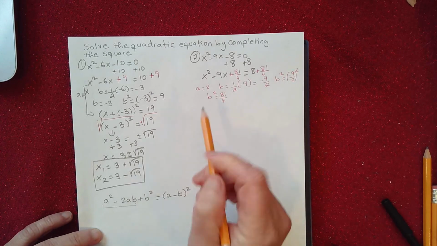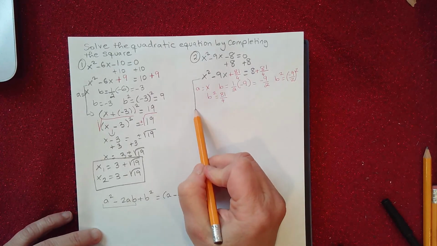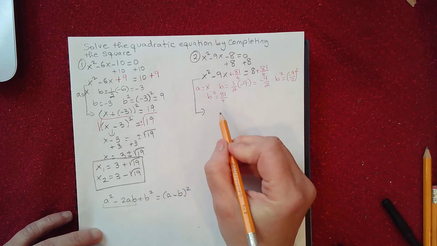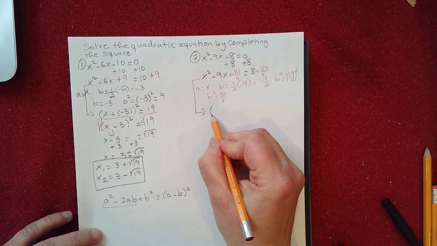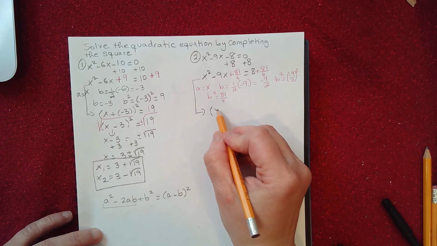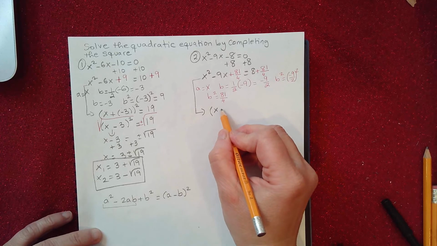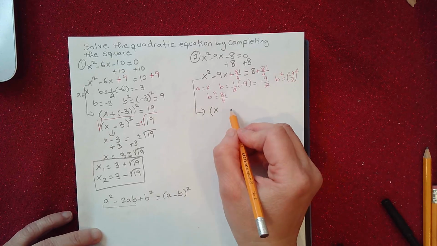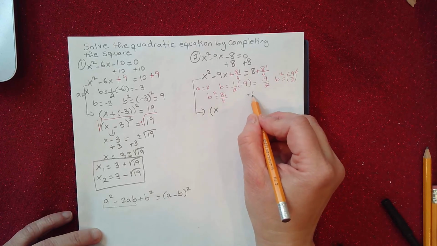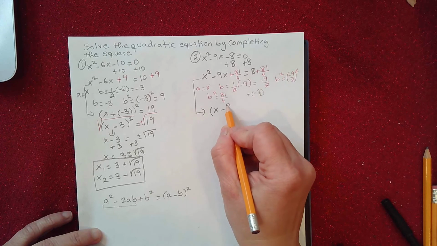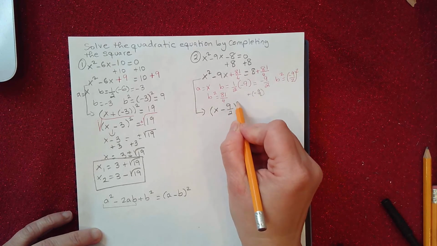By adding b squared, I completed the square on the left side of the equation, and now we need to write it down. a is x. You can put plus b, which is negative 9/2, or you can do it directly: minus 9 over 2 squared.